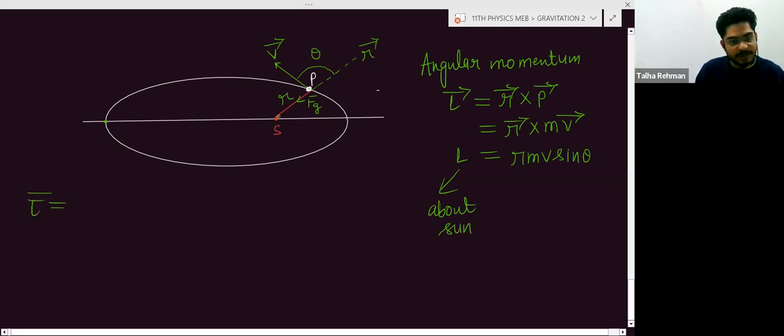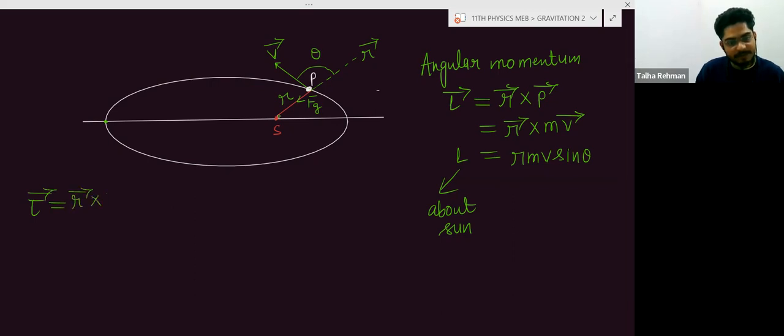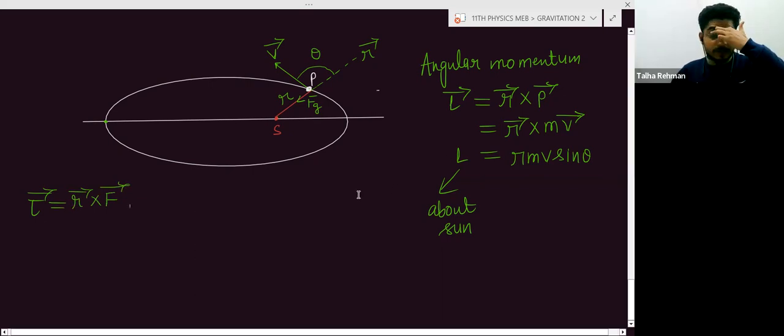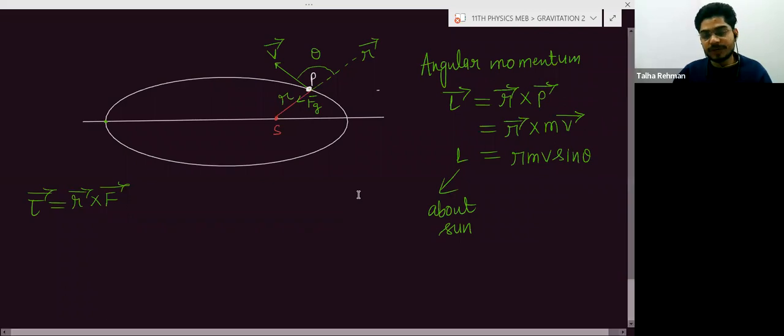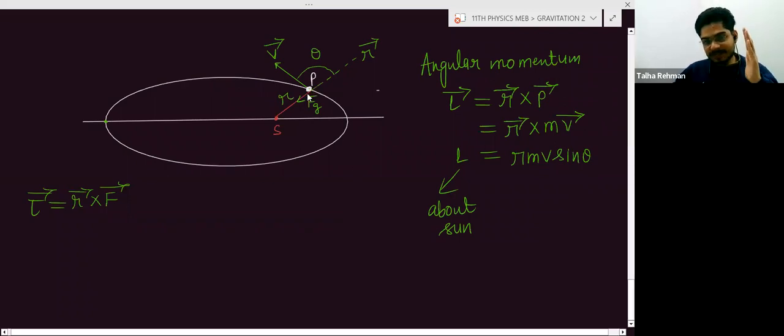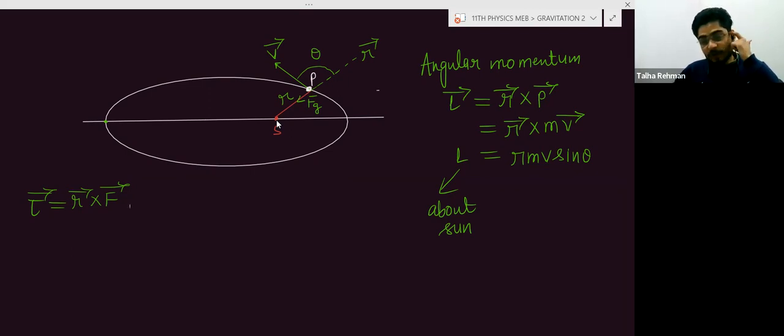torque is also a vector quantity, r cross F. One thing I told you when we were discussing rotational motion and torque: if the force is passing through a point, and about that point you are calculating the torque, then that torque will be zero.